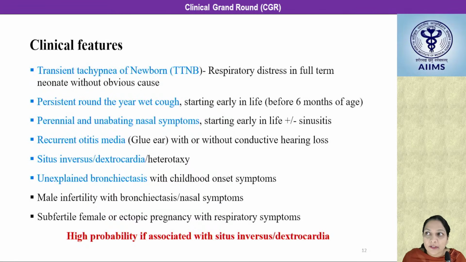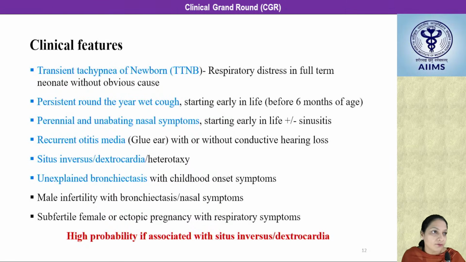In children, they present with a persistent round-the-year wet cough starting early in life, that is less than 6 months of age. Along with this, they can have perennial and unabating nasal symptoms, which again start early in life, less than 6 months of age, and this may be associated with or without sinusitis. There can also be a history of recurrent otitis media or glue ear with or without conductive hearing loss.